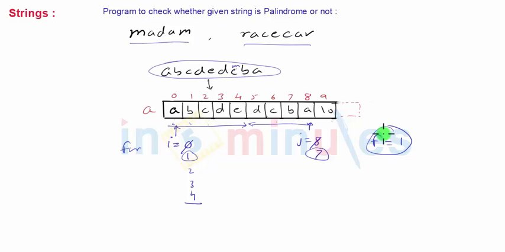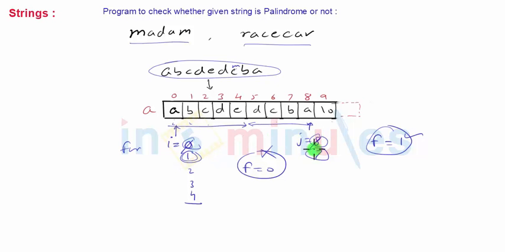Now let's see how the logic is going to work. Let's say the input string was A, B, C, D, E, D, C, B, A, and we start from i equal to 0 and j equal to 8. If there is a mismatch, we'll stop, and when we stop we'll make f equal to 0, only if there is a mismatch. Currently f is 1. 0th and 8th mismatch?